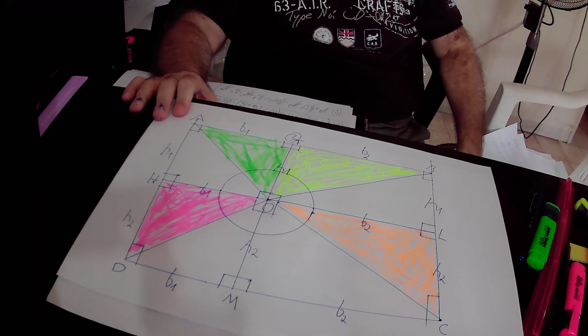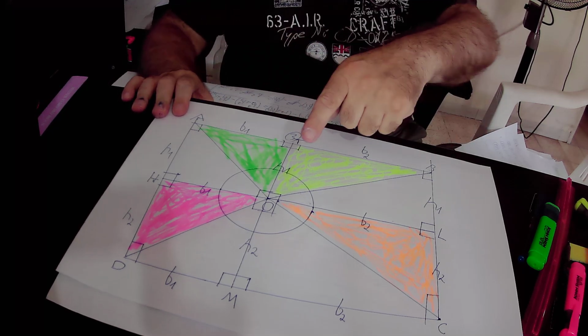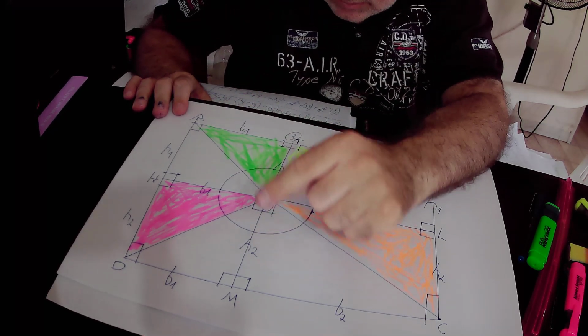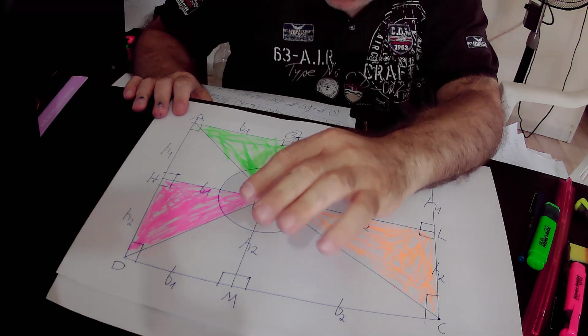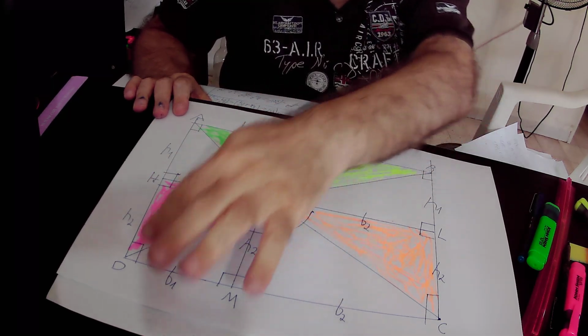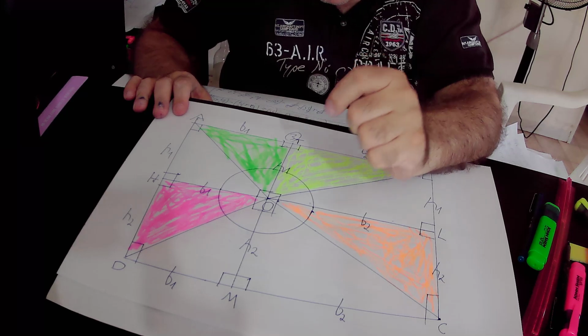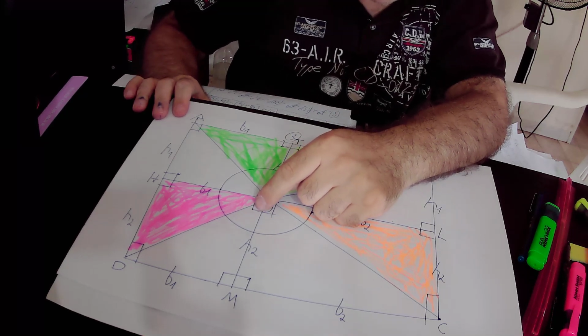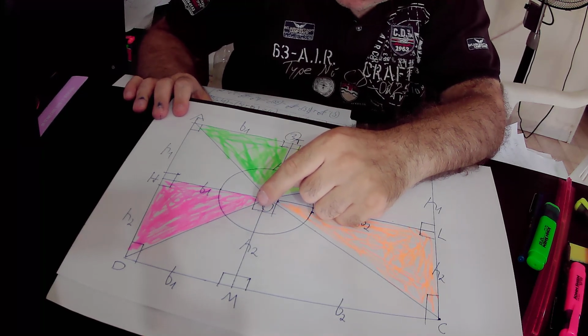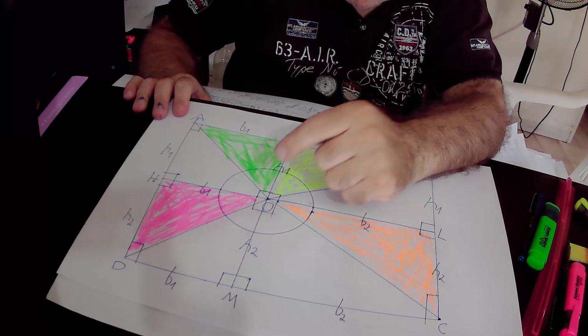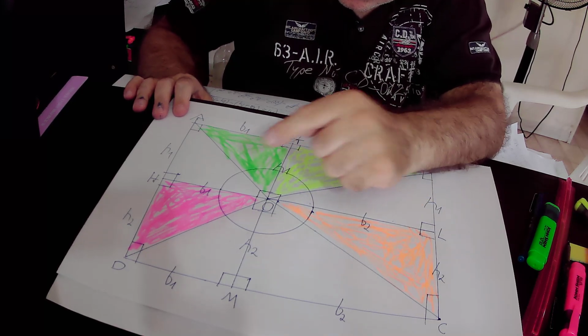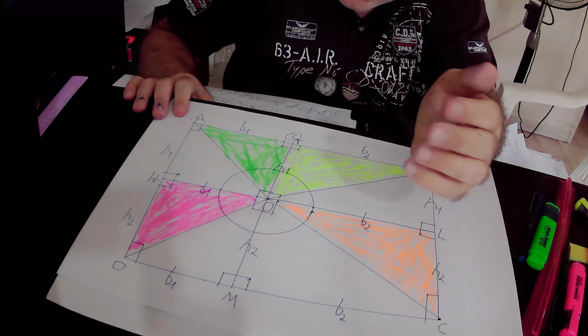Likewise, in quadrilateral HODM, we have 1, 2, 3 right angles. Therefore, this fourth angle must also be equal to 90 degrees. Therefore, quadrilateral HODM is a rectangle.